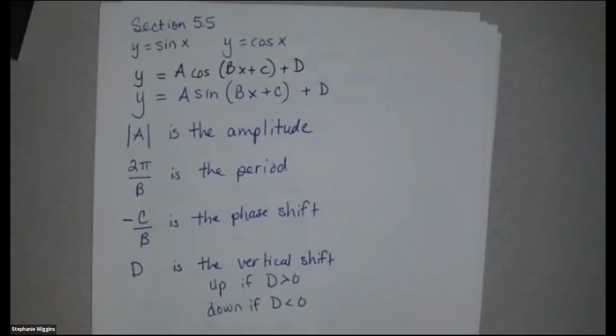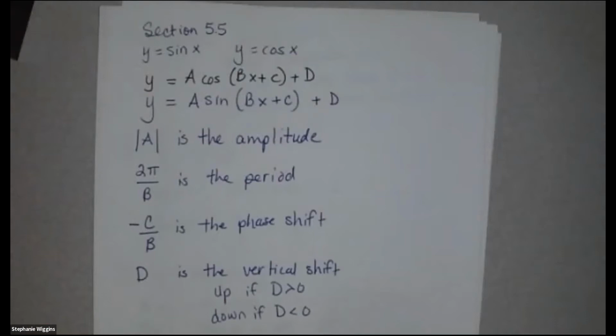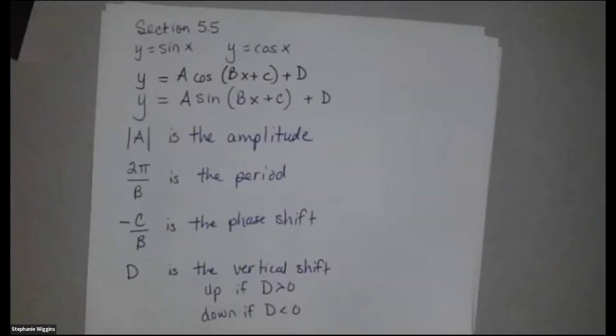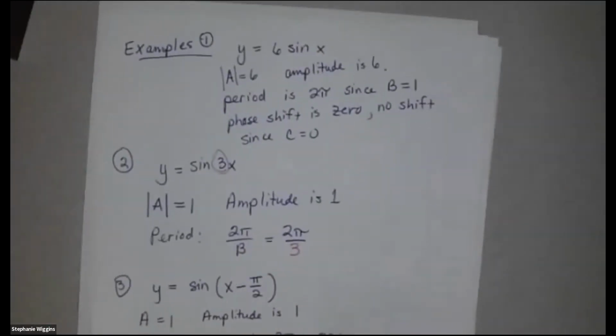Okay, tangent and cotangent are different functions. Let's see, I want to do another example. Any questions on this so far?